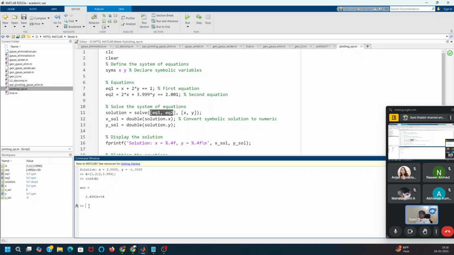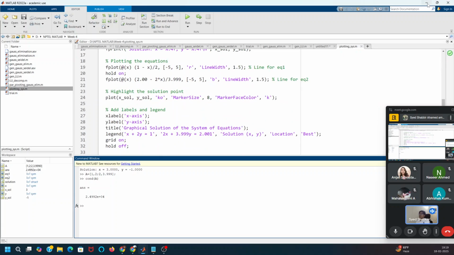So we always try to find matrices which have a low condition number, because a high condition number will lead to a lot of instability, and finding the solution will be very difficult. So that's why condition number plays a very important role. You can also find the eigenvalues using eig. So the first eigenvalue is 0.002, and the second is 4.992.